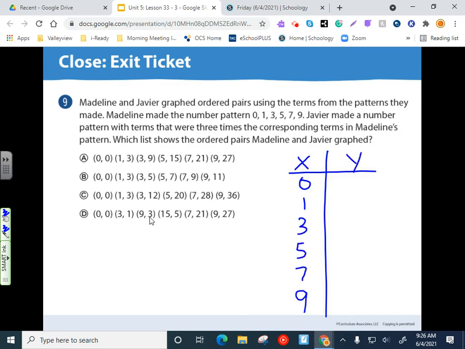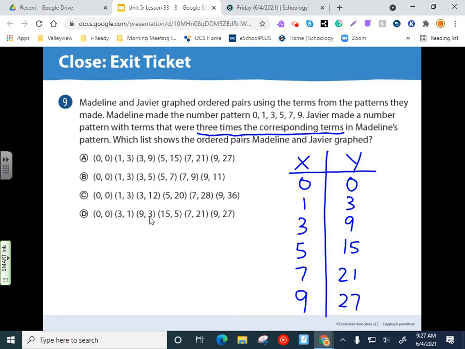And Javier's will be Y. And the rule for this is 3 times the corresponding term. So basically, for everything that Madeline put down, we'll multiply by 3. 0 times 3 is 0. 1 times 3 is 3. 9, 15, 21, and 27.